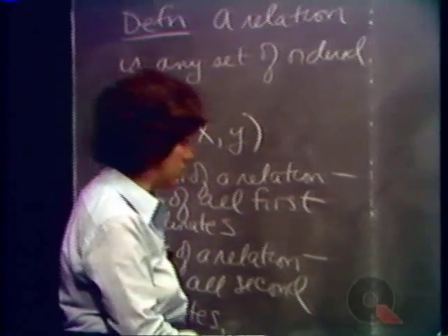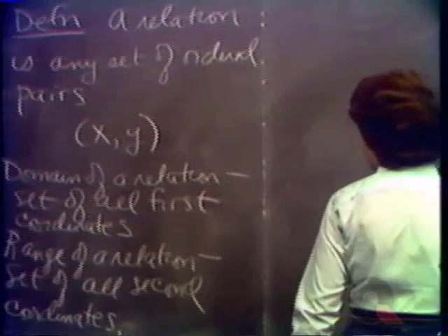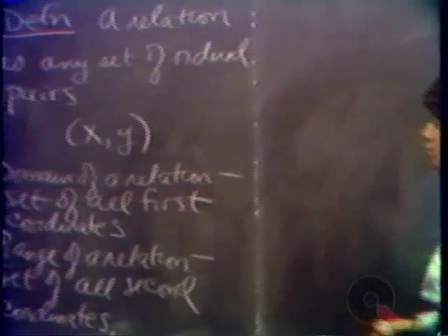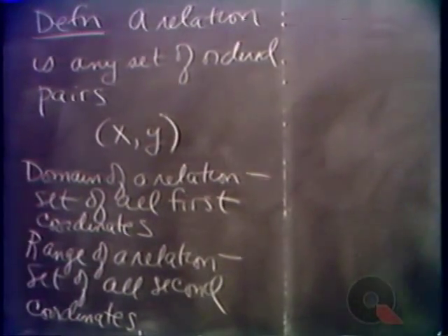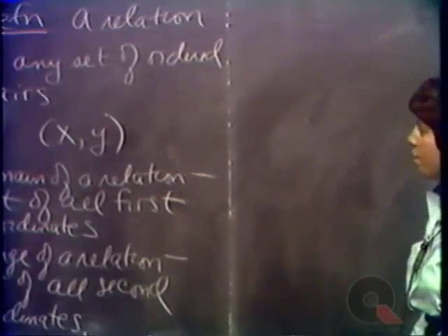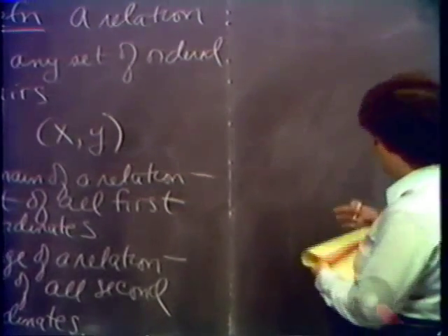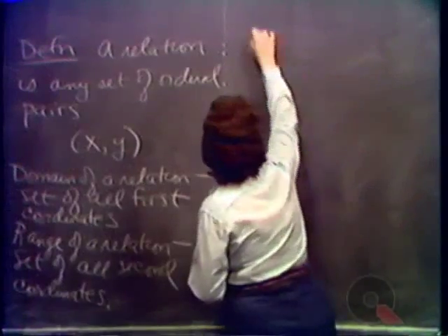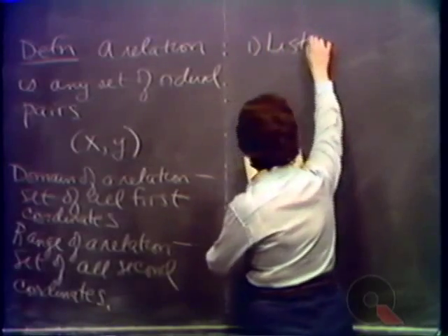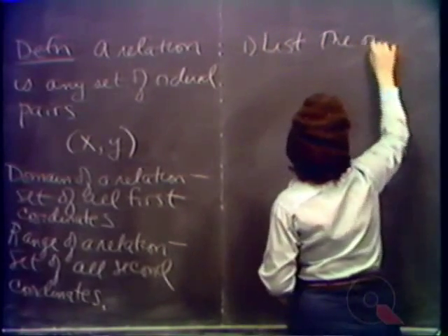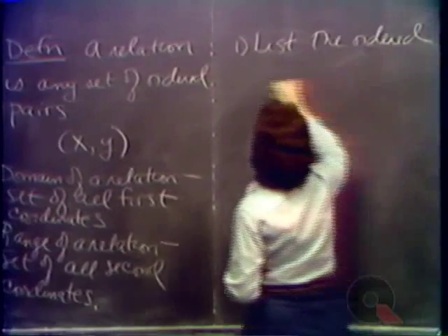Let me give you some examples. Now, there are various ways to specify a relation. The easiest way would, of course, be just to list the ordered pairs that are in the relation. For example, list the ordered pairs.